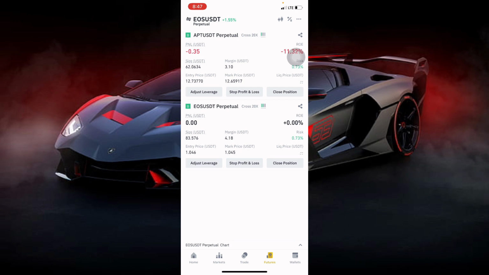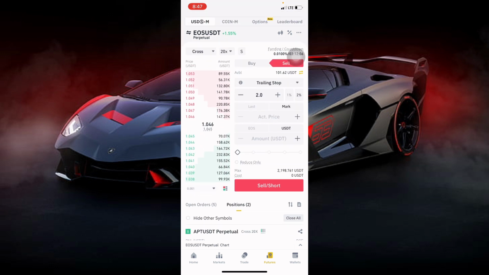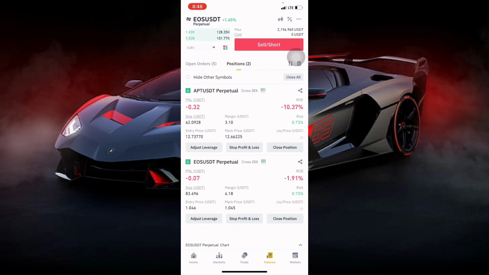So if I'm going to sell a particular cryptocurrency pair, it's still going to be the same thing. Okay, if I'm going to sell EOS USDT, if I click on the sell order the first time, I'm going to use buy order as my trailing stop. So this is how you set trailing stop on your Binance features.